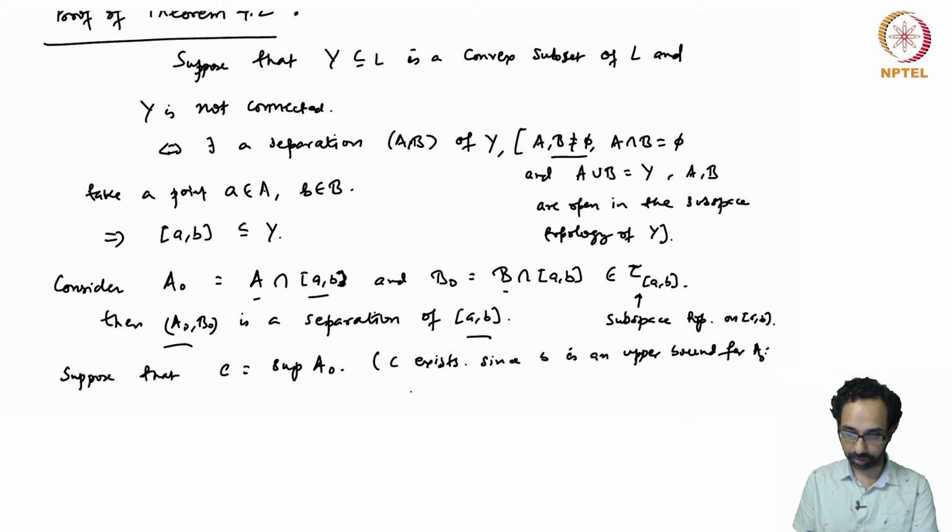This is simply because A0 is a subset of [a,b] and b is the largest element of [a,b].